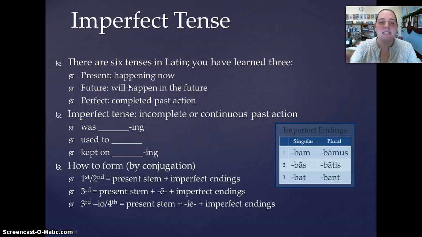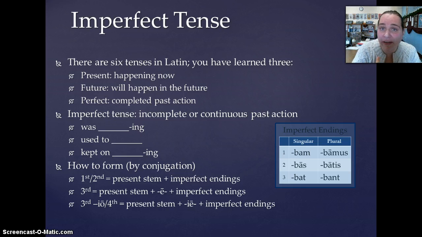Let's talk a little bit about what this new tense is. There are 6 tenses in Latin, and you have learned three up until this chapter. You have learned the present, which tells you that the action is happening now. You've learned the future, which tells you that the action is going to happen at some point in the future.